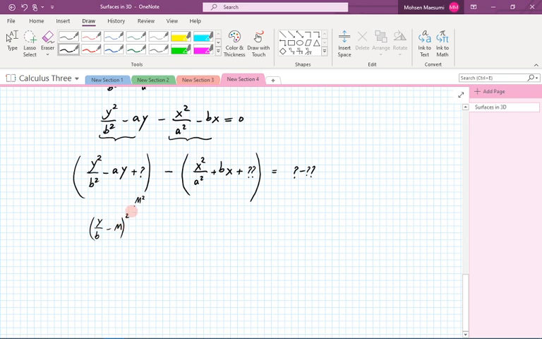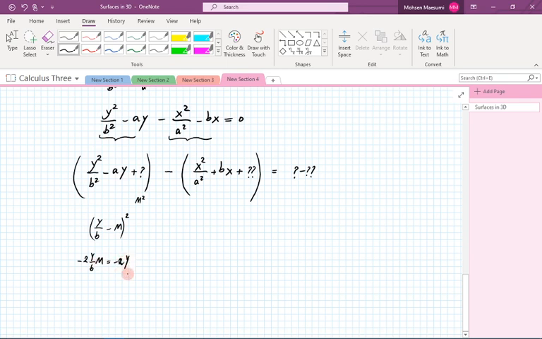From m squared I get this expression, and our clue as to what the m is going to be is that twice the product of these two has to be that term. So twice the product of these two is going to be minus 2y over b times m, and here I have minus ay.